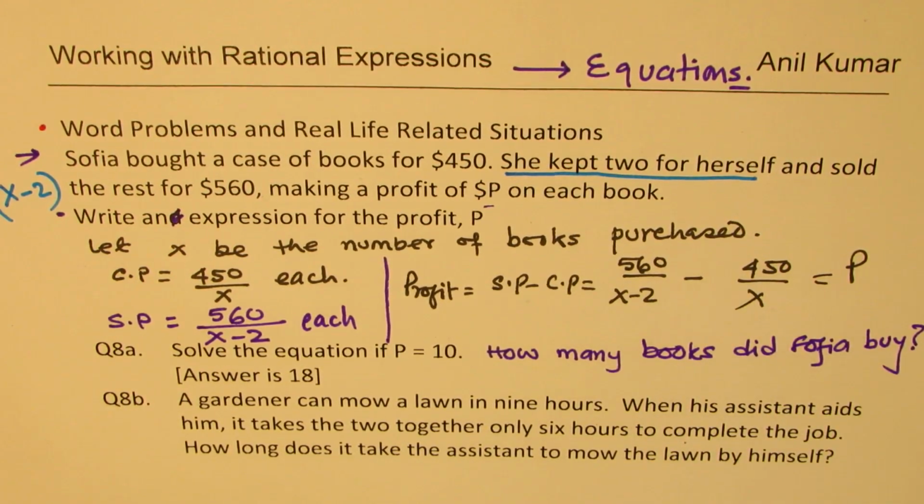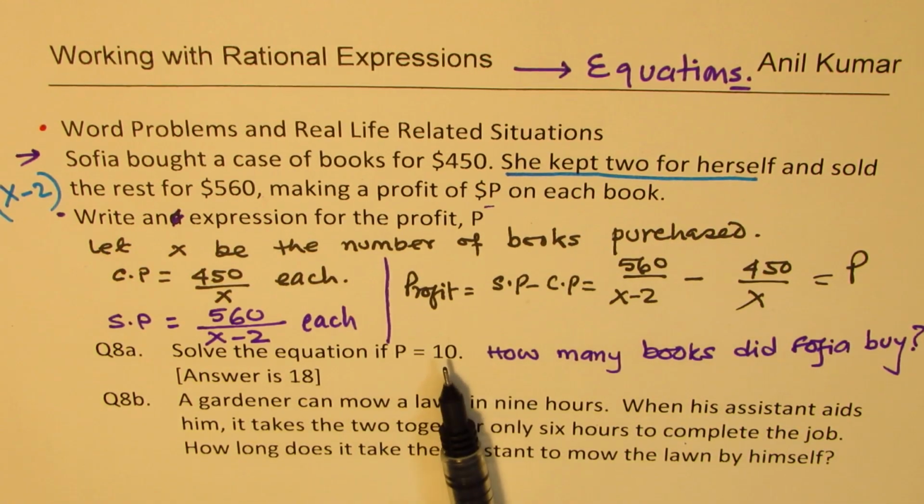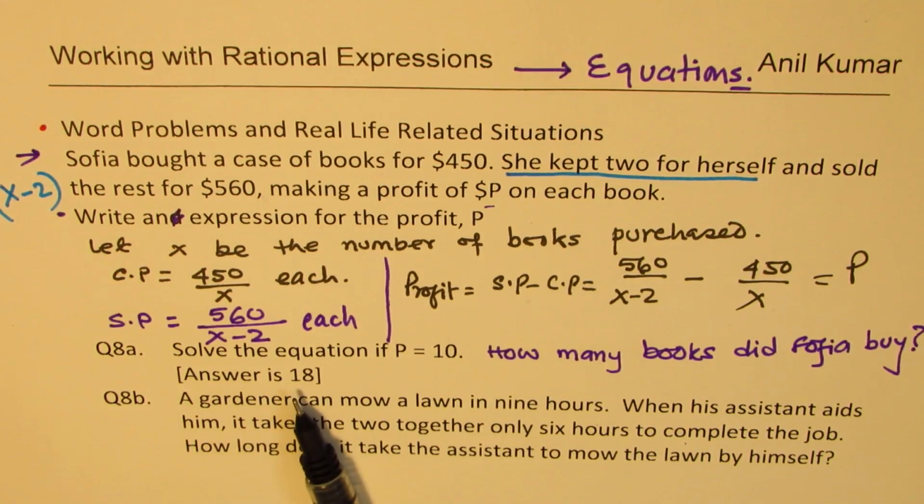You get an idea. So that is how we could actually get our solution to many questions relating to rate, work done, right? Now, I think you got good knowledge about this. You could solve this equation with P equals 10. Expected answer is 18.